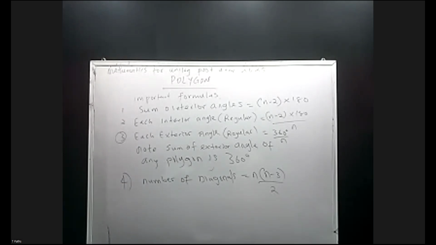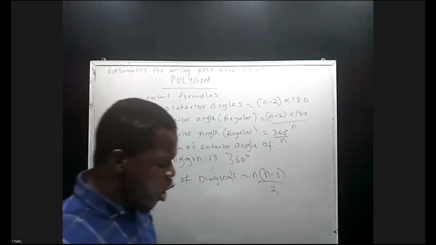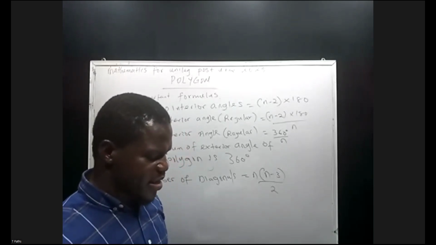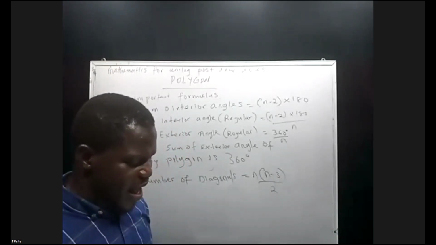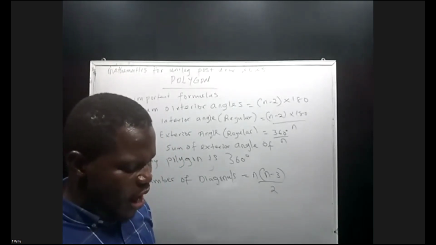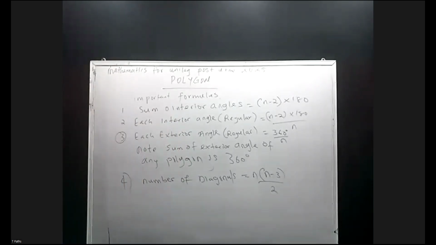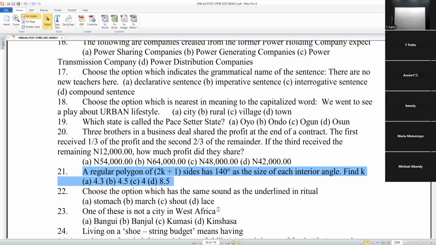Now look at the second. A regular polygon of 2k plus 1 sides has a size of each interior angle as 140. Which formula are we using? I did not get the question.